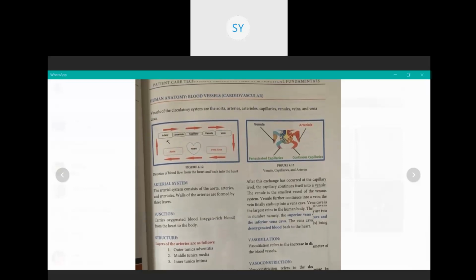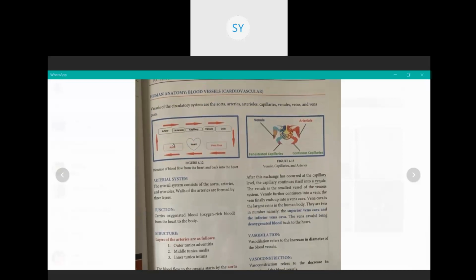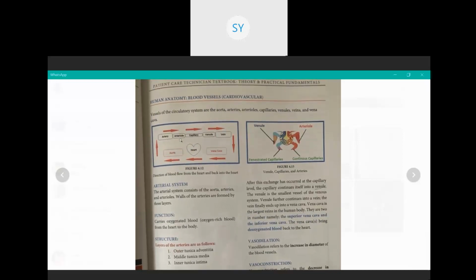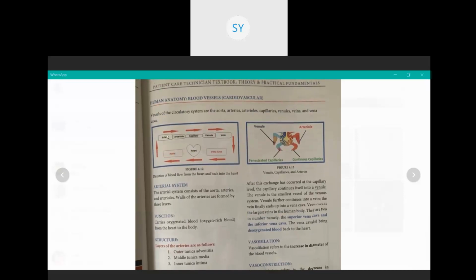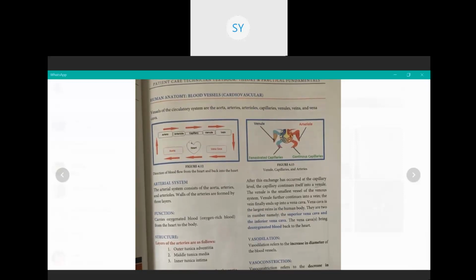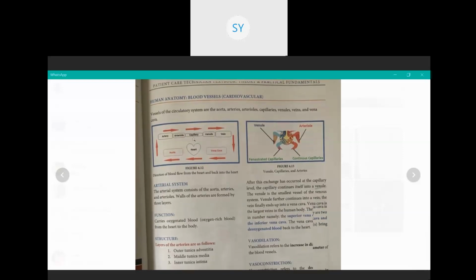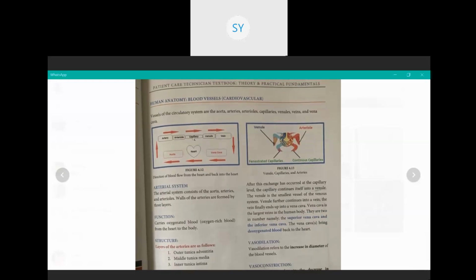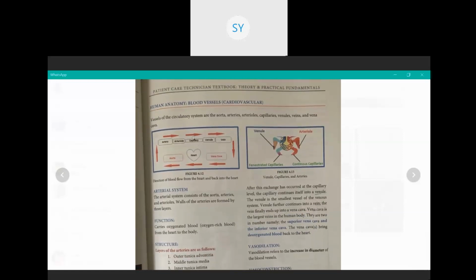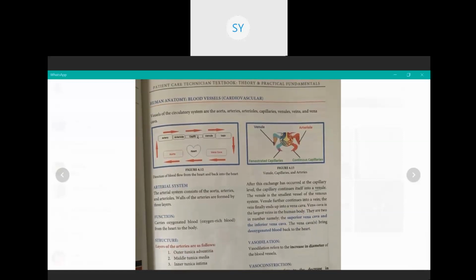This is smaller than the aorta, and this is arterioles. This is smaller than the artery, and finally it is called capillaries, okay? This capillary is the thinnest and supplies the blood, and the circulation starts again from the capillary.